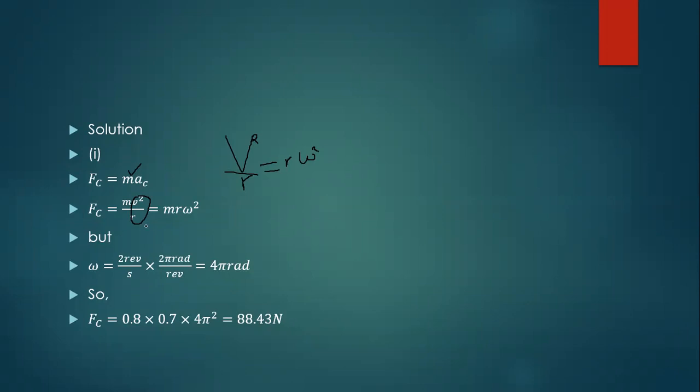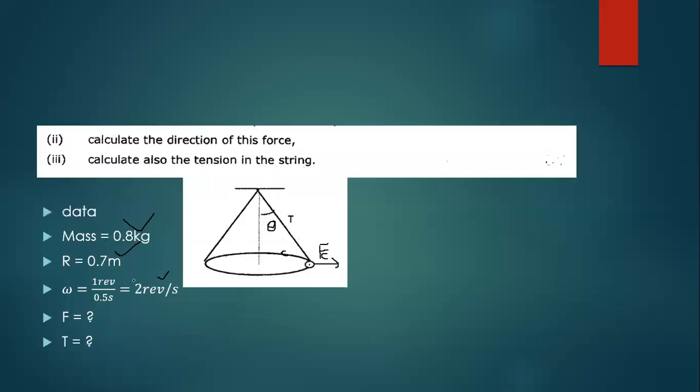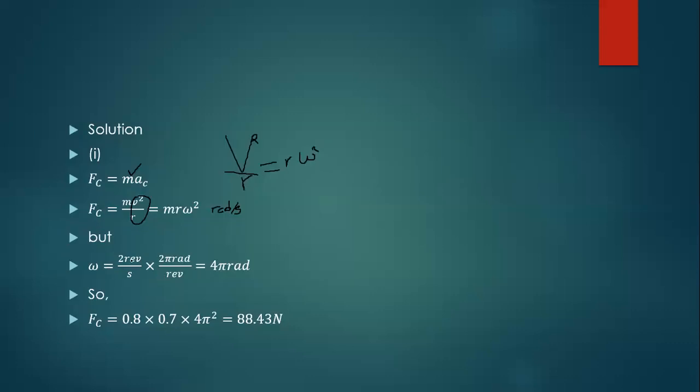So then we continue. But we know that this omega, we need to have it in terms of radians. We need to have it in terms of rads per second. Now, here we have it in revolutions per second. Changing to rads per second, we have 2 revolutions over 1 second.